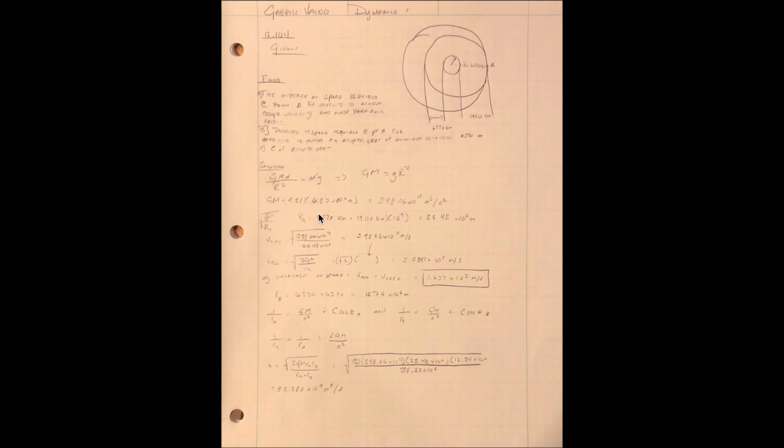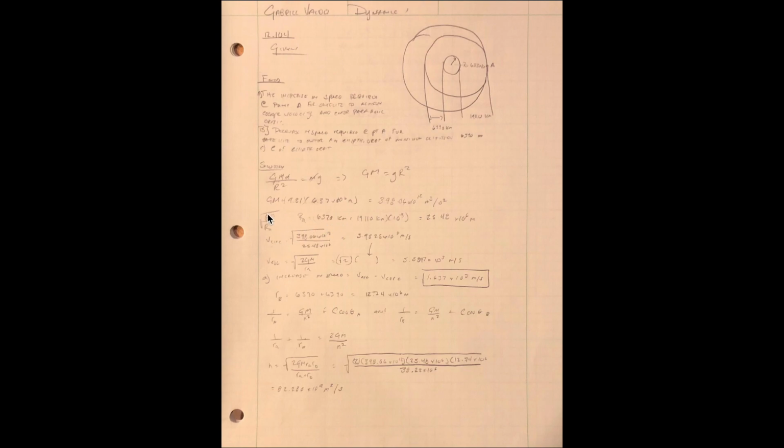We know the escape velocity and the velocity of the circle equation. So the velocity of the circle equation is the square root of GM over r_A, and we just plug in our known values, where r_A is once again the radius, so we just add the radius of the Earth and this distance here, and we get that the radius of A is equal to 25.48 times 10 to the 6 meters.